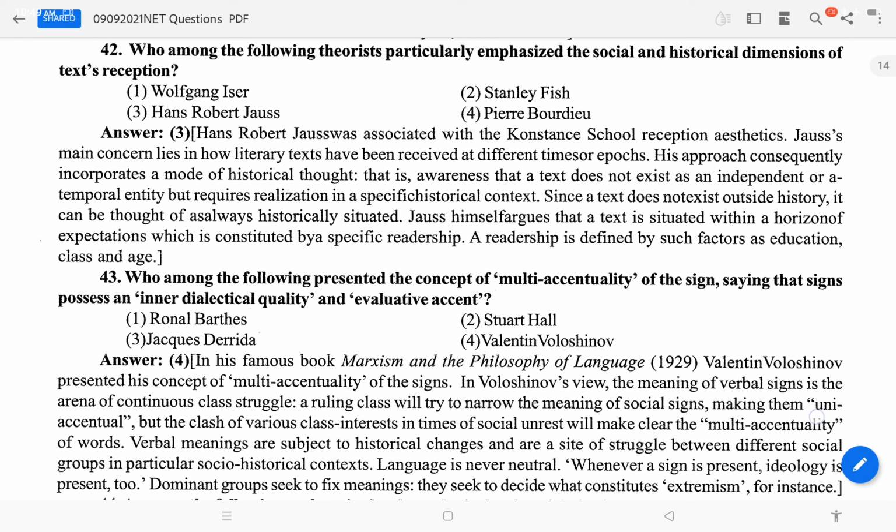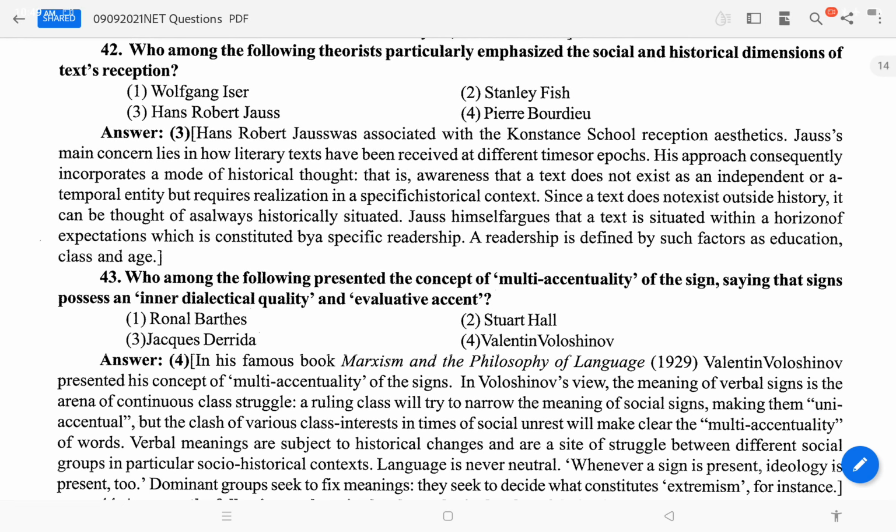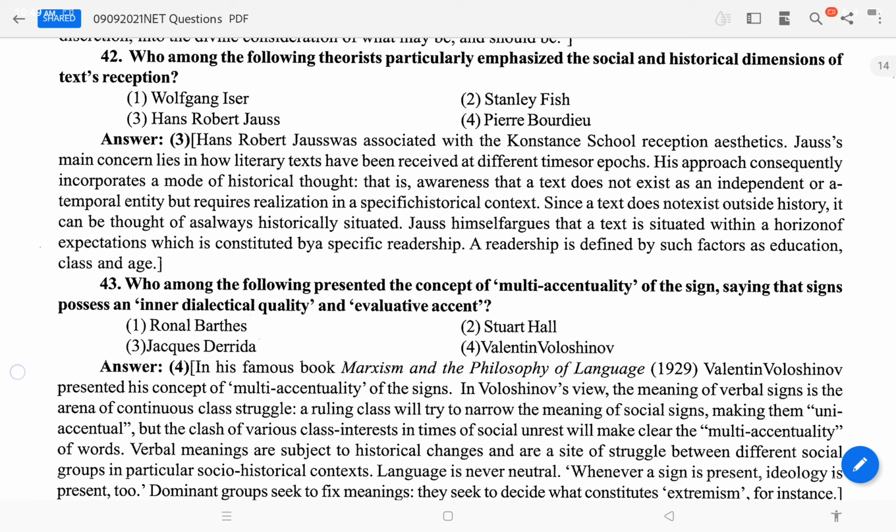His approach consequently incorporates a mode of historical thought, that is, awareness that a text does not exist as an independent or atemporal entity but requires realization in a specific historical context. Since a text does not exist outside history, it can be thought of as always historically situated.